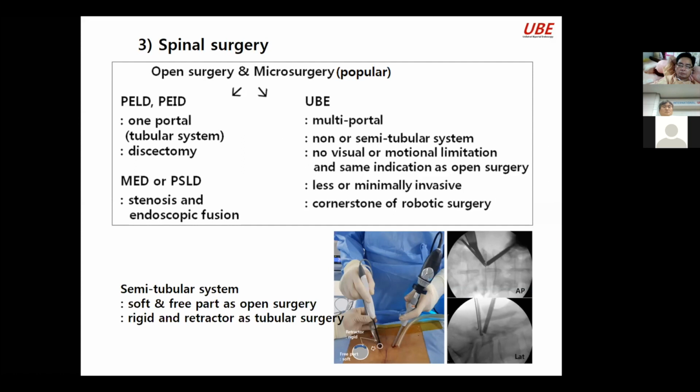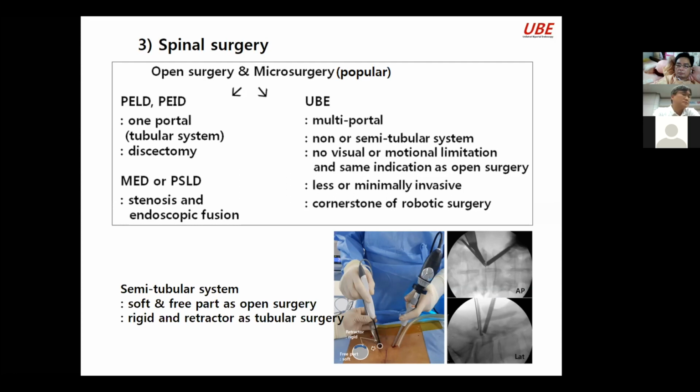But UBE is a different system, a multiportal system. The one portal system has a tubular system, but UBE is a non- or semi-tubular system. The semi-tubular system has a big benefit: no visual or motional limitation. So UBE has the same indication as open surgery, with less or minimal invasiveness.